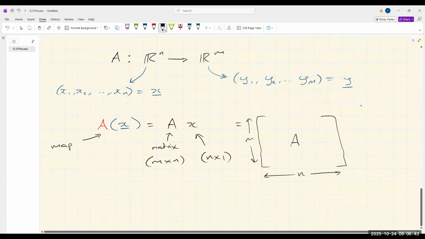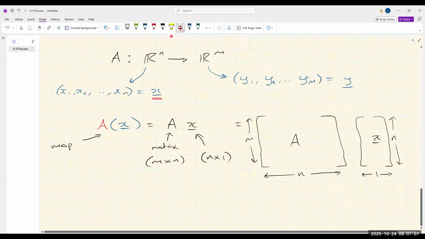Right? This is my matrix A, and I'm multiplying it by this guy, which is my vector X. Put a little underline there, X, which is 1 column and n rows. And I know what y'all are thinking.